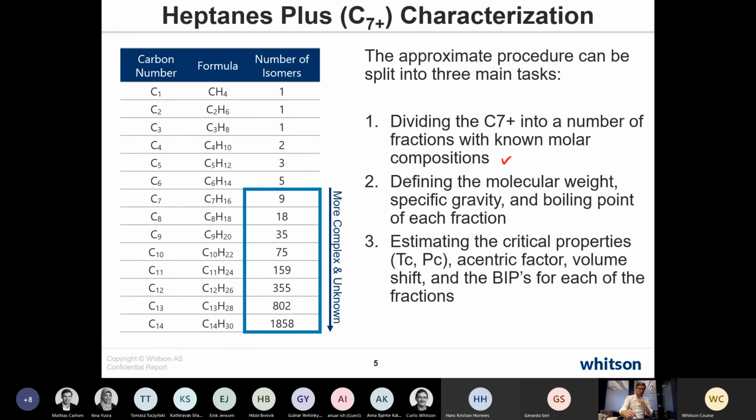And also this plot that we just talked about is related to number 2. And then the last point is estimating the critical properties based on a wide range of different correlations. These critical properties such as TC, PC, eccentric factor, volume shifts, and BIPs, which at this point we assume that we don't know what they are, but that's the topic of the next section, so we'll get to that.